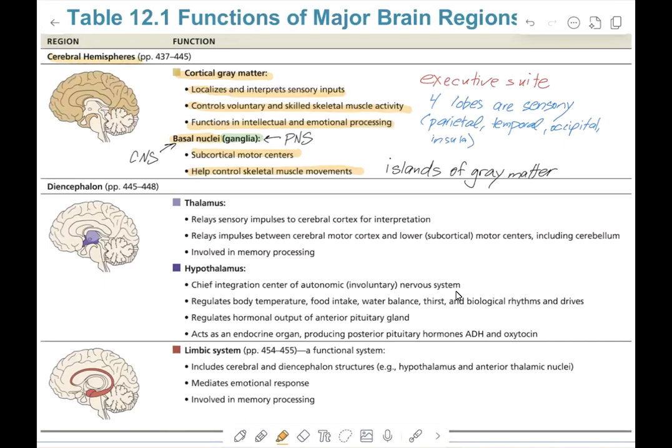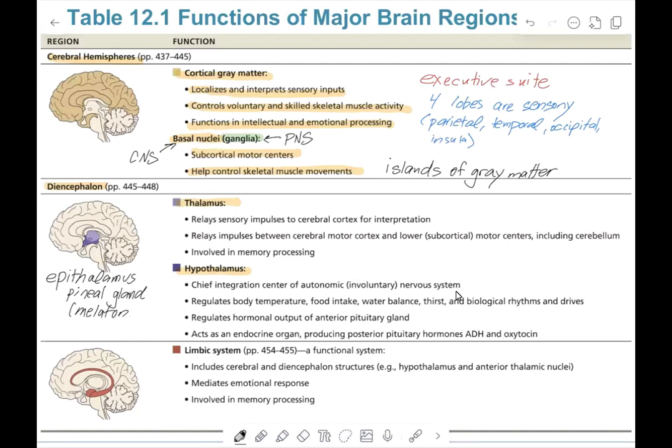The next major part is the diencephalon, which is kind of in the middle of the brain. It has the thalamus, the hypothalamus, and then it also has the epithalamus, which is primarily going to be the pineal gland, which secretes melatonin.